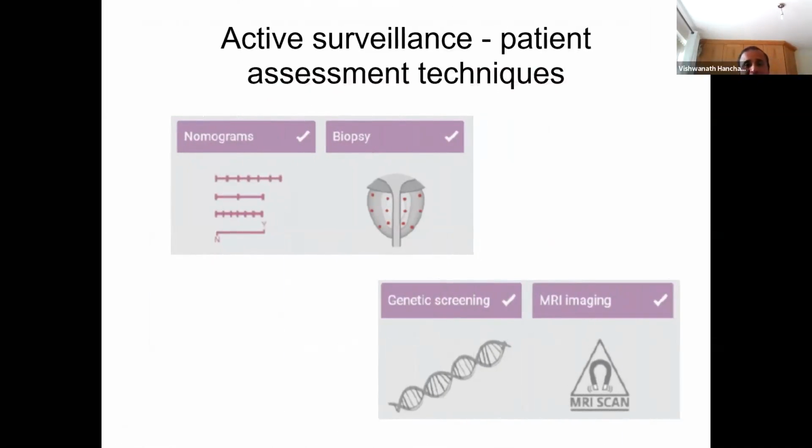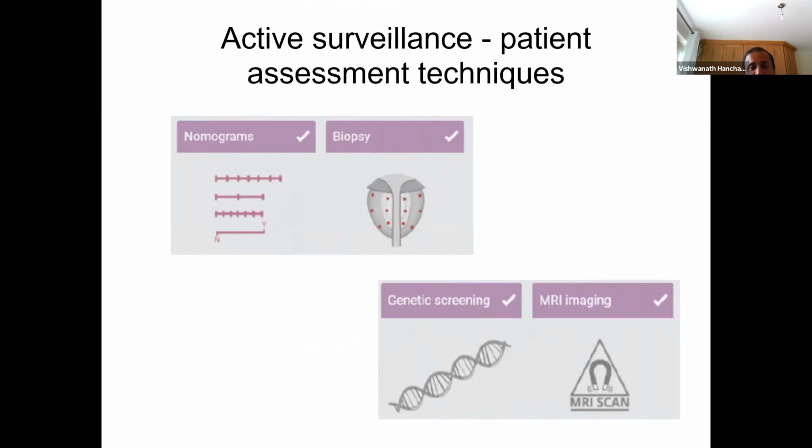Now, what sort of techniques or assessments do we need to make before we put someone on active surveillance? There are several nomograms that could be used. The nomograms will help us to assess, one, the risk from the cancer side of progression and metastasis. Also, we could use nomograms to assess the physiological age of a patient.